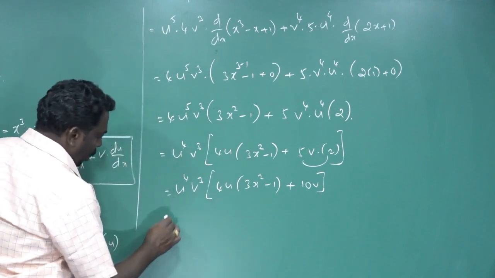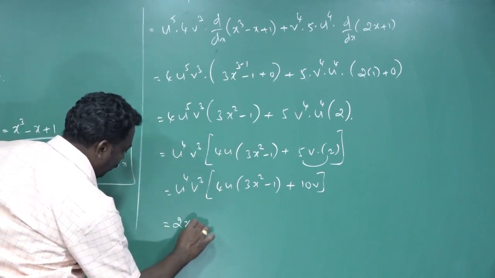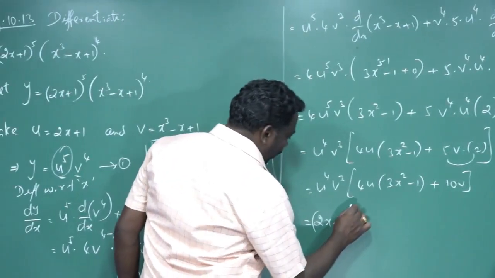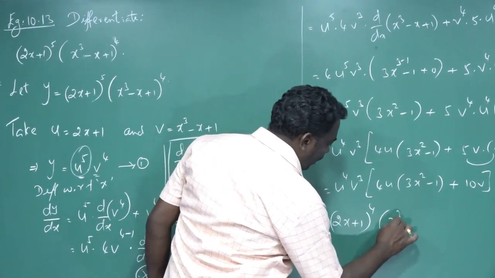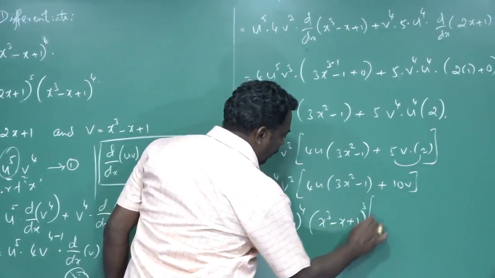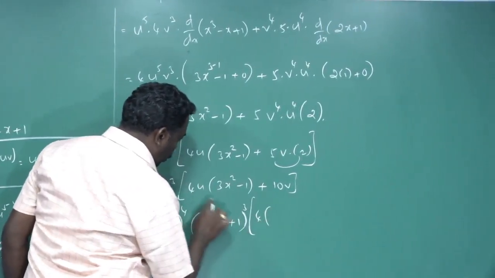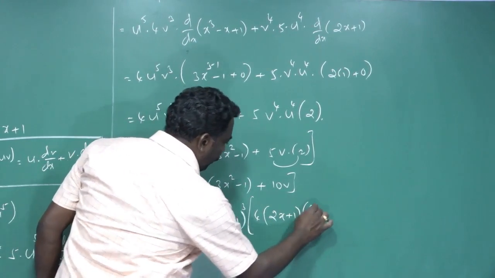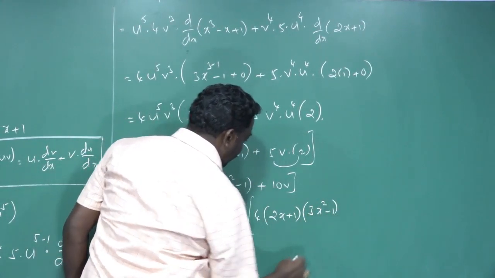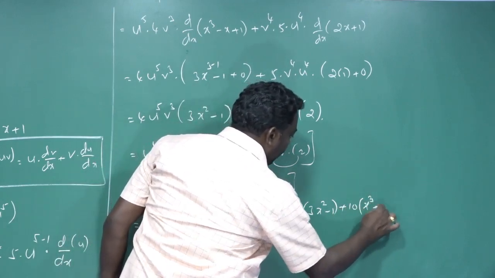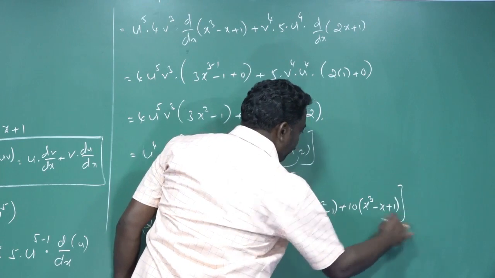What is u? u is 2x plus 1, then whole power 4, then v equal to x power 3 minus x plus 1, whole power 3, within the bracket 4 into u equal to 2x plus 1 into 3x square minus 1, plus 10 into v equal to x power 3 minus x plus 1.